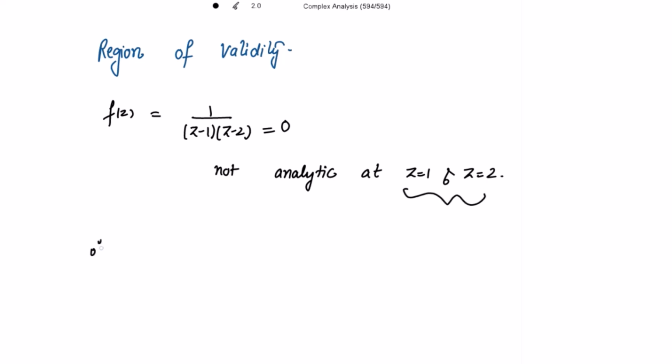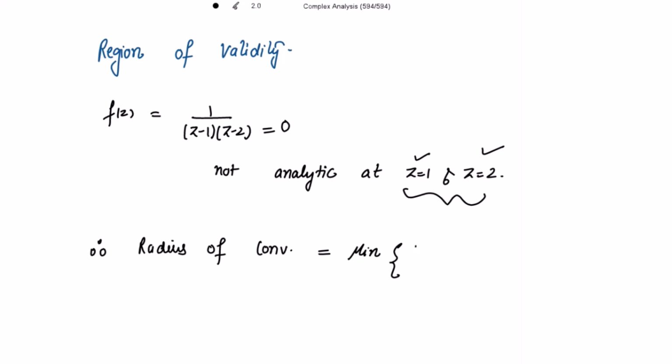So therefore, what is the radius of convergence for this? What is radius of convergence? Because we have 2 points where the function is not analytic, we need to take the minimum of these 2 distances.